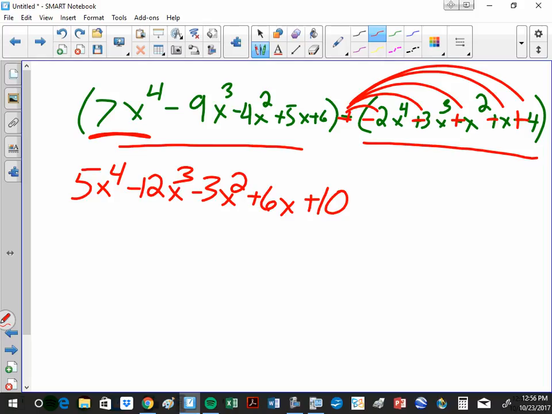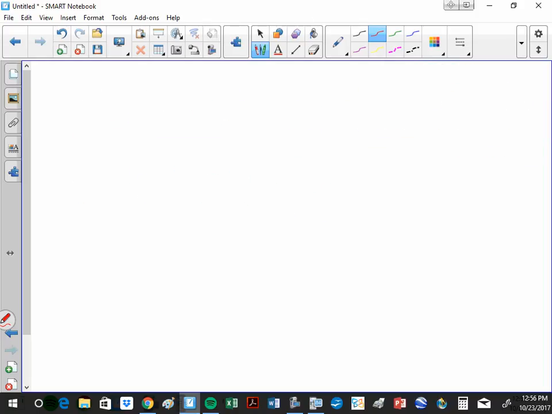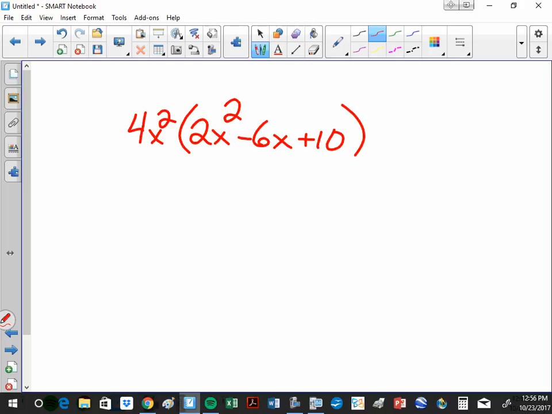Okay. And now multiplication. If I had 4x squared times 2x squared minus 6x plus 10, what do I do? I'm going to distribute this 4x squared into every term. 4x squared times 2x squared would be 8x to the fourth.